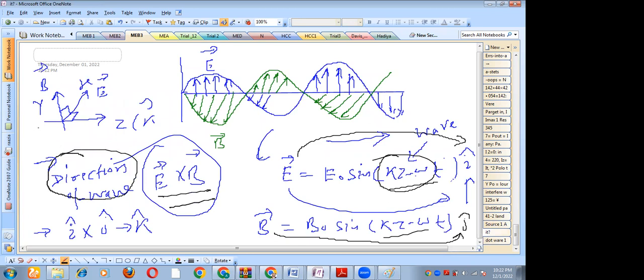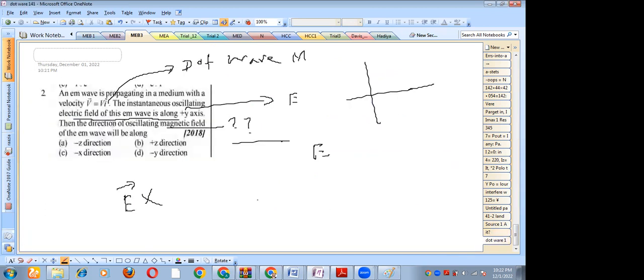This is very important: E cross B gives the direction of wave. So here also E cross B should produce the direction of wave, which is i. And it is given in the question that the electric field is along the y-axis, the j direction.